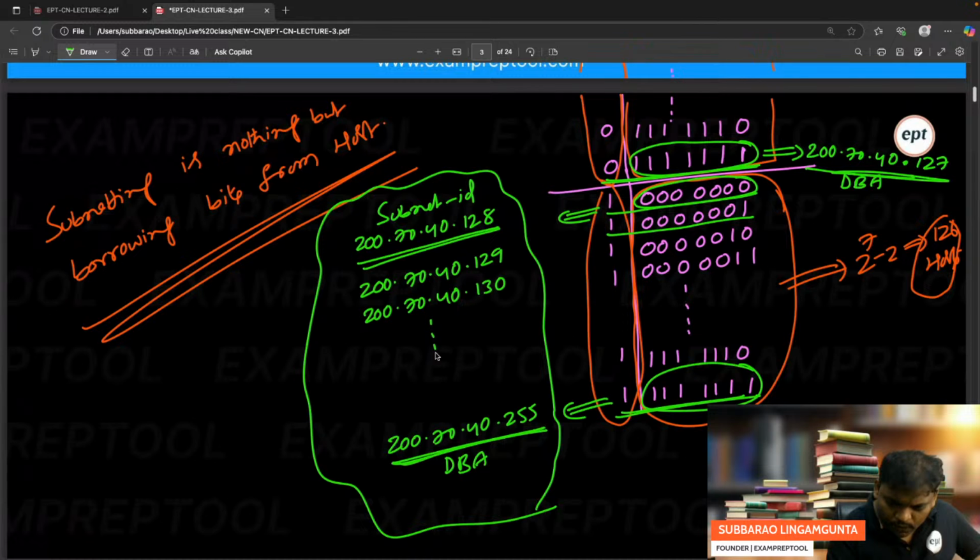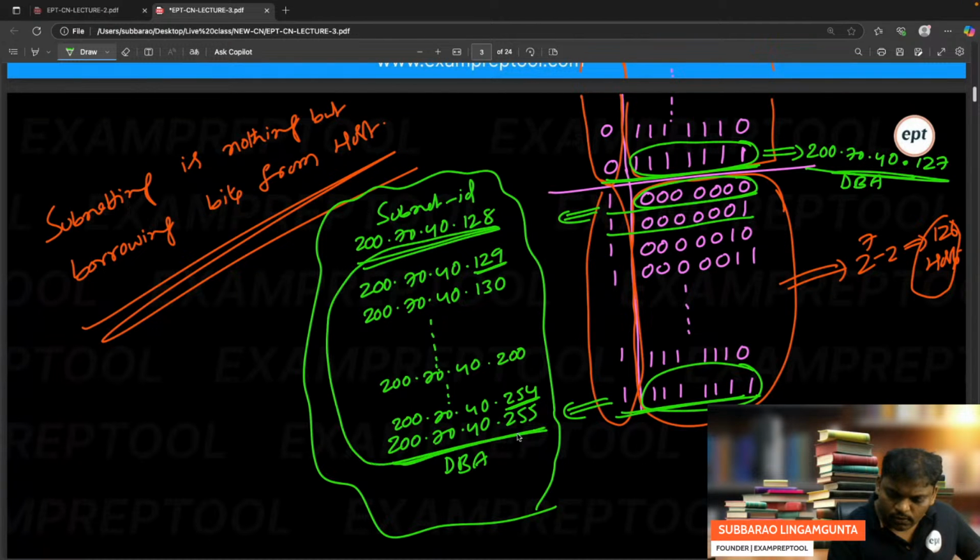It will continue 200 70 40, up to 254. Remember, these are the hosts. In the below subnet, the first host is 200 70 40 129.